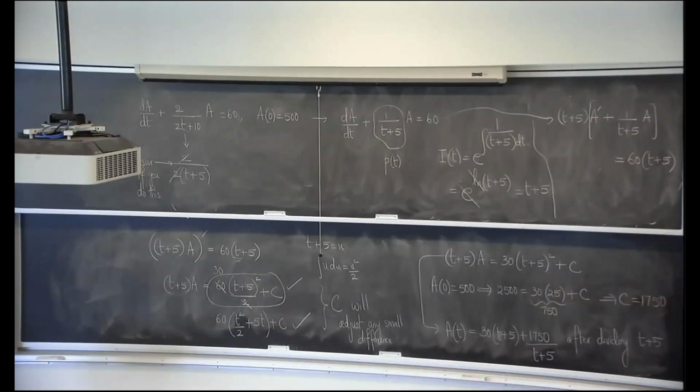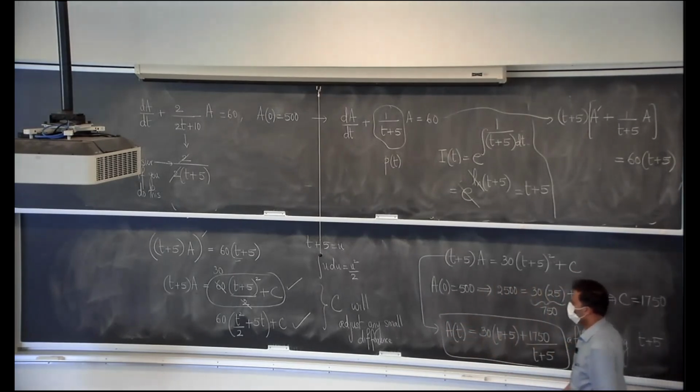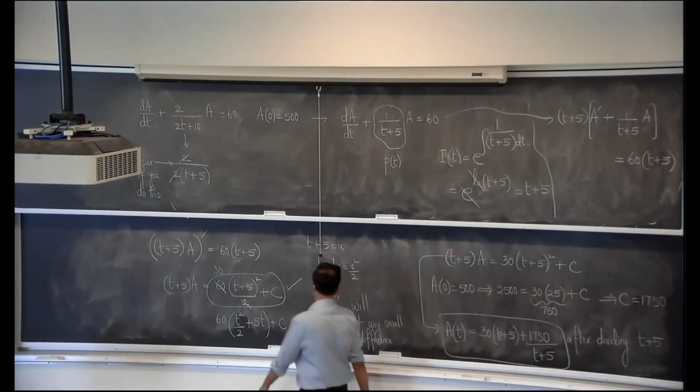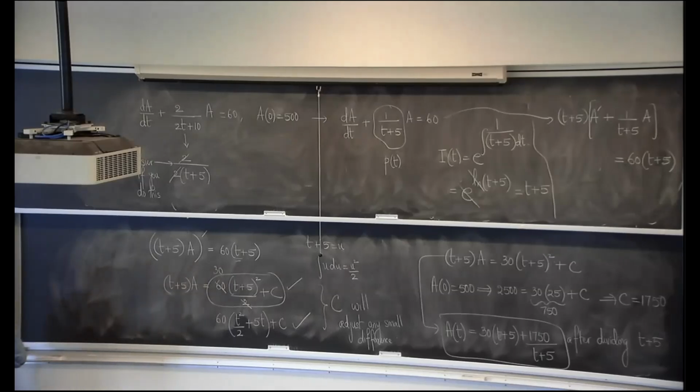Just in case you're going to wonder later, how did he write that? It's because I divided both sides by t plus 5. All right, so that gives you the amount of salt at any time t.